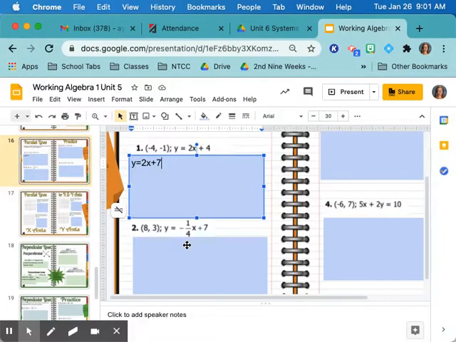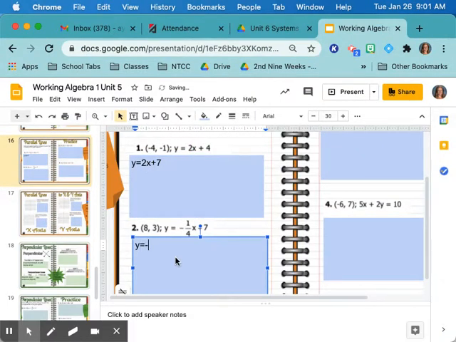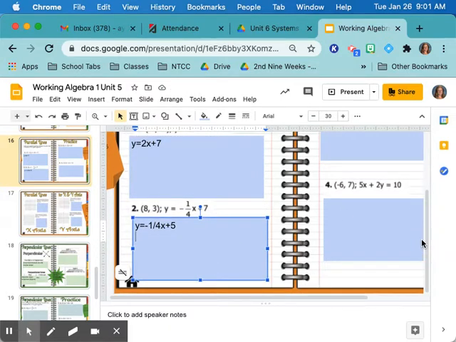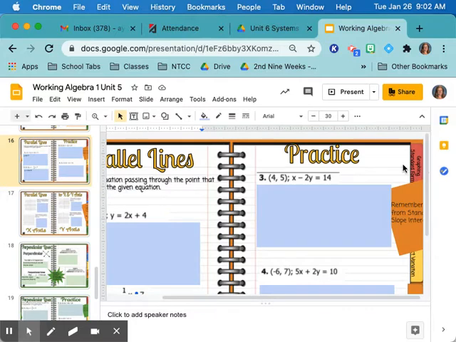Let's see. So y equals -1/4 x plus 5. Let's see what 3 has. We have (4, 5), and we have x minus 2y equals 14.